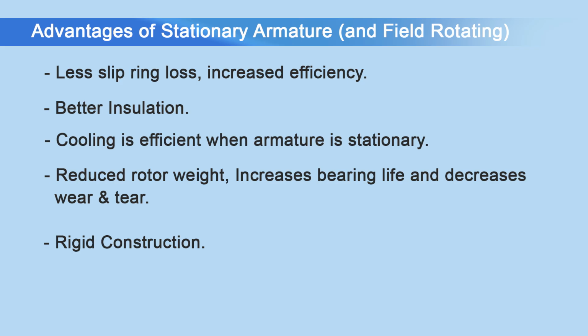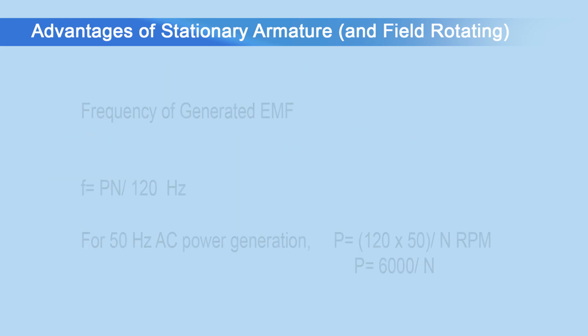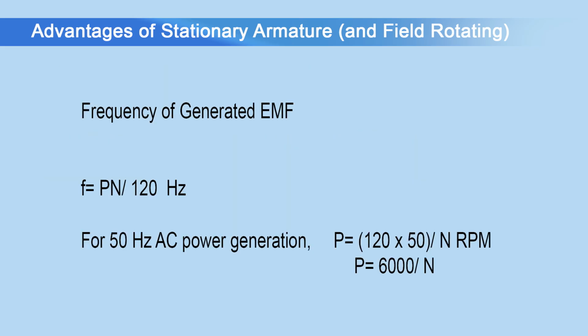If we discuss the frequency of generated EMF, we have the relation f is equal to Pn divided by 120 hertz. So, suppose for 50 hertz, what will be the number of poles?